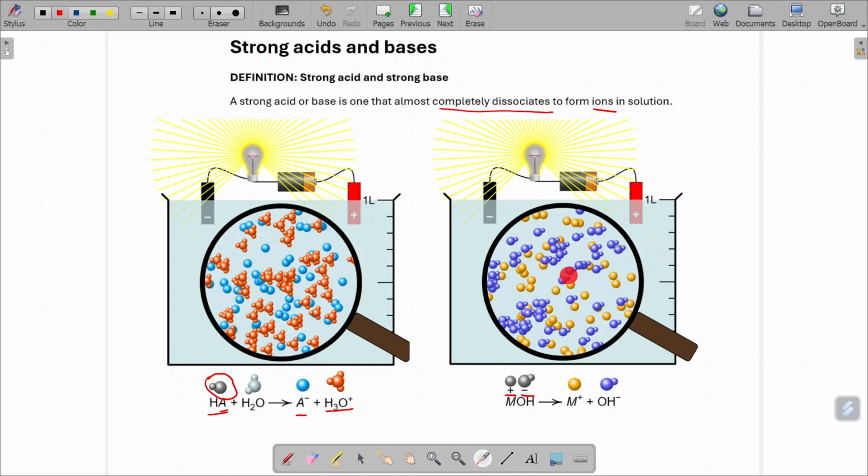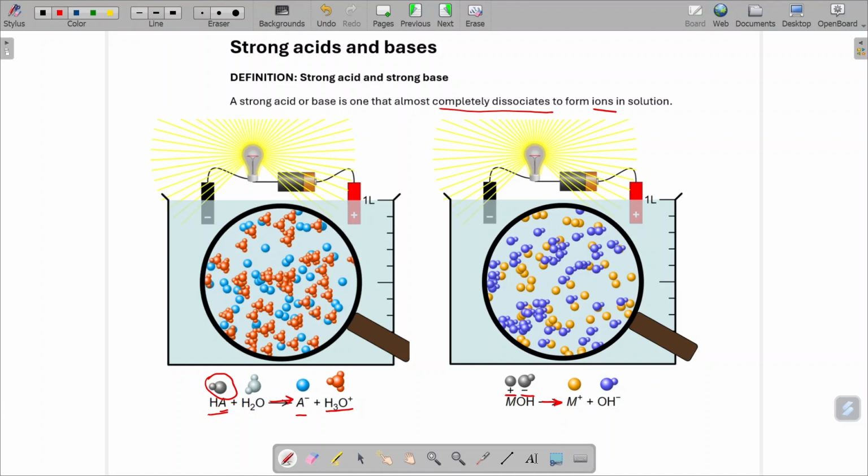They've all been split up into their different ions. Something else to notice, which will become apparent, is this arrow to show that the equilibrium of this reaction goes one way. This is not a reversible reaction.